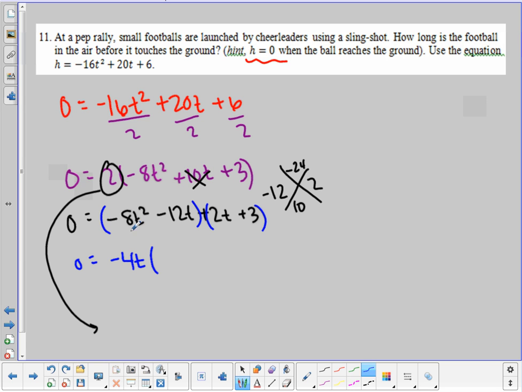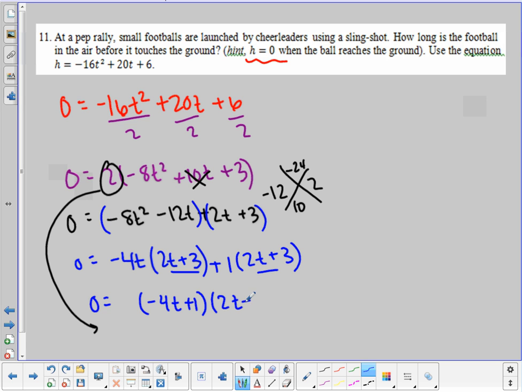That leaves me with a positive 2t. And then negative 12 divided by negative 4 is positive 3, and t over t cancels. From this second one, I can only take out a 1. That's all I have. And that does leave me with insides that match. So my factored form is negative 4t plus 1 and 2t plus 3.